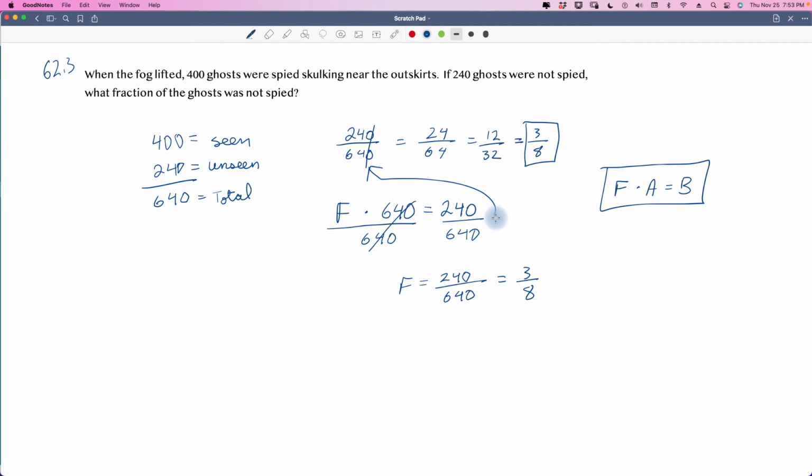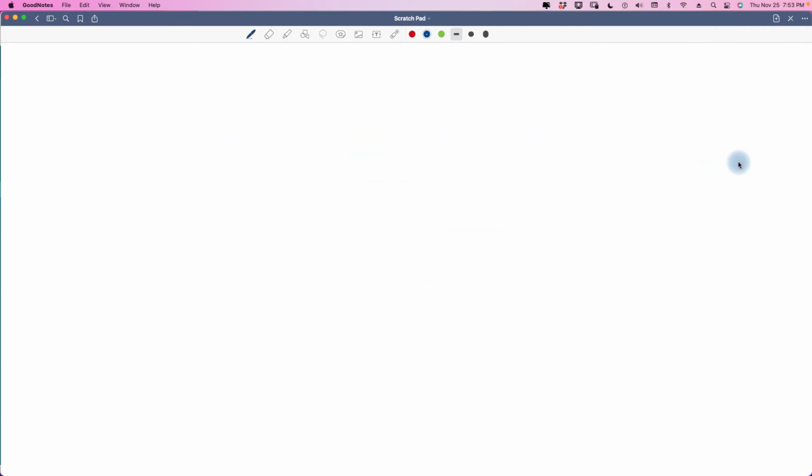So I think what I want to do is give you one more problem to kind of figure this out. I'm not going to type this one out. I'm just going to read it off the page. When daylight came, 640 crickets were seen. So 640 were seen outside the school.